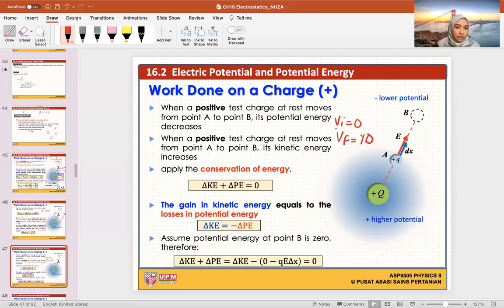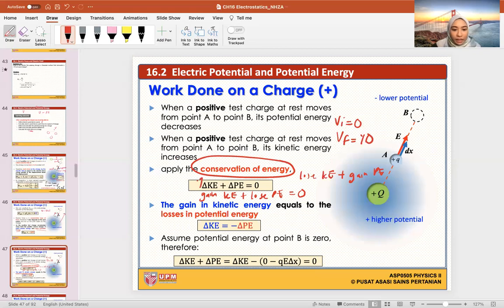If we lose kinetic energy, we gain potential energy. This is based on the conservation of energy, where delta KE plus delta PE is equal to 0. If you gain KE, you will lose PE. If you lose KE, you will gain PE.